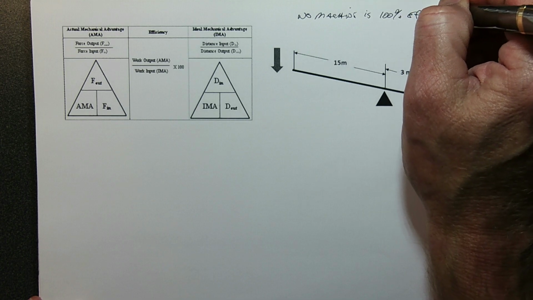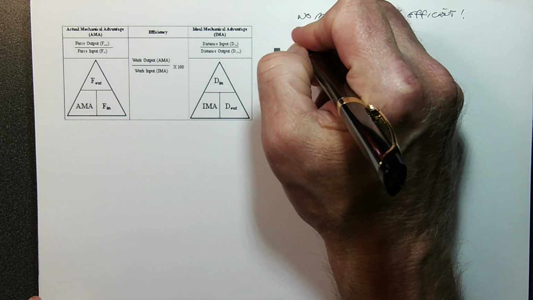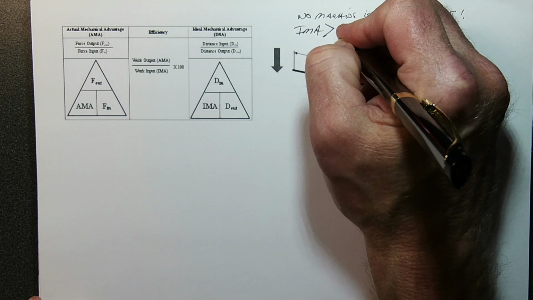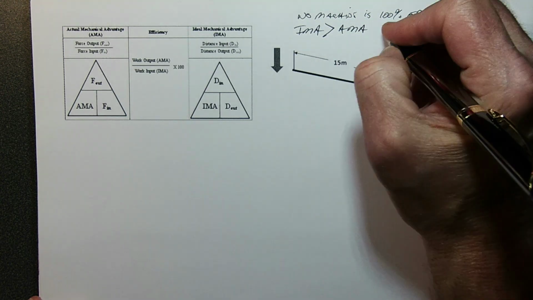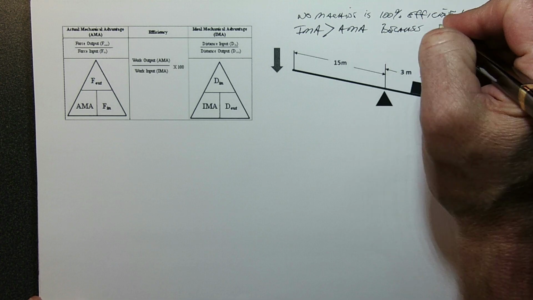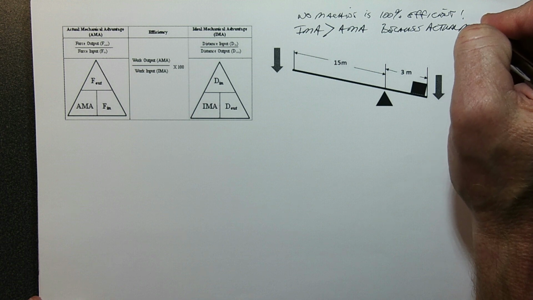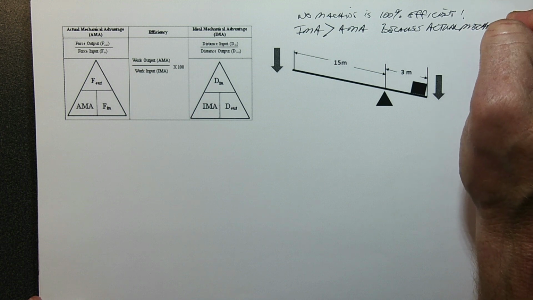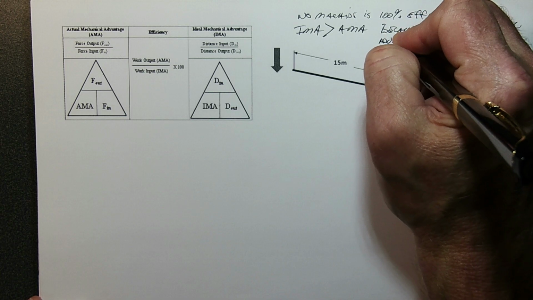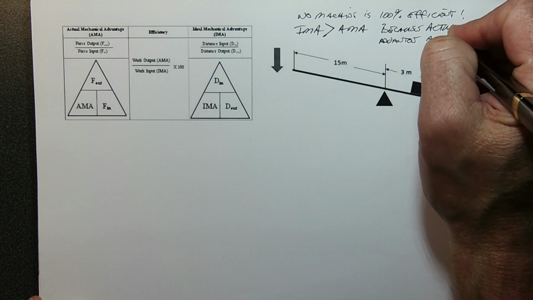IMA, which is ideal mechanical advantage, will always be bigger than actual mechanical advantage, because actual mechanical advantage accounts for friction. And there's friction all around us. Every time we walk across the floor, we generate friction.